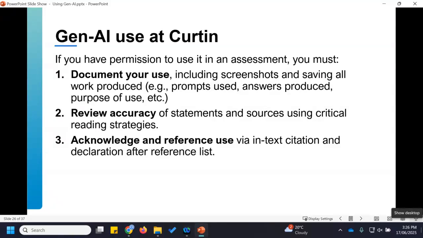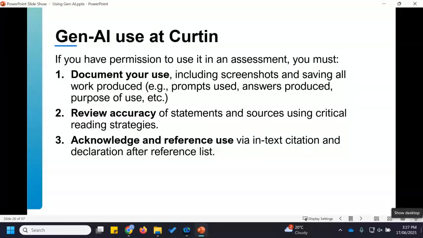You must also, again, review the accuracy of the statements and sources using those critical reading strategies. So looking into what it's given you, whether it's actually real, whether it's true, and just double check it against other sources of information. So other articles, other websites, just check the accuracy every time.